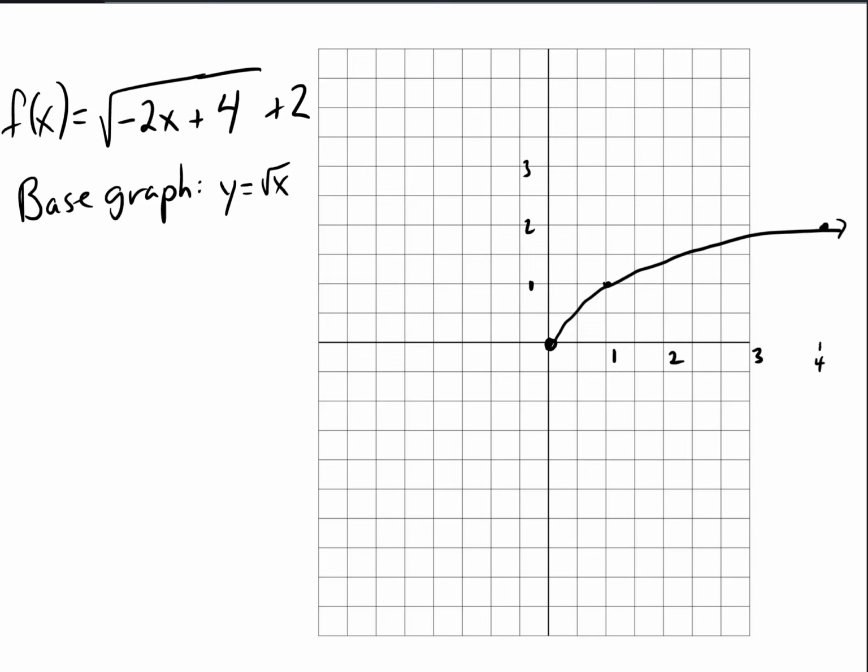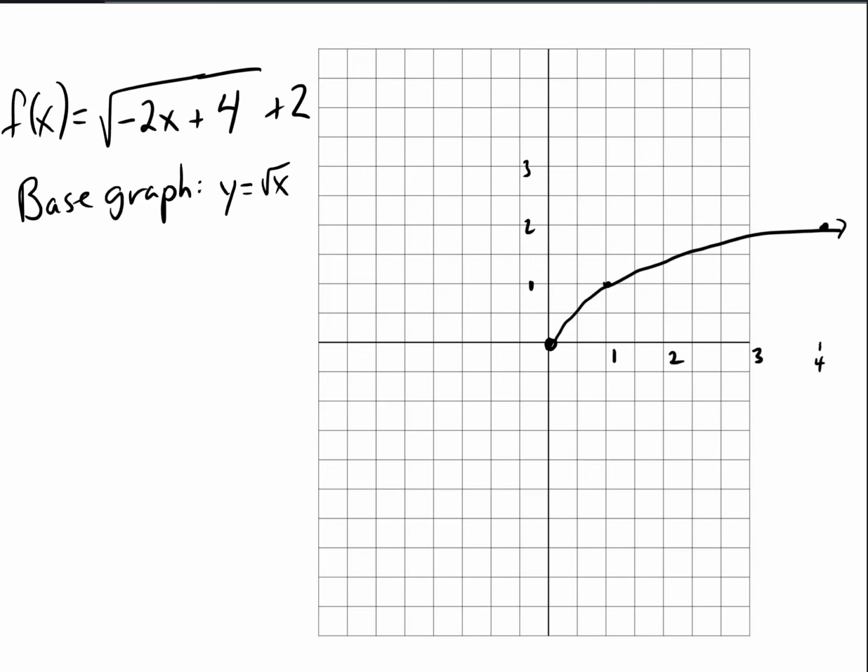There are 4 transformations that we actually see here that we have to handle. I see a negative, and that always tells us that we're going to do a reflection of some kind. I see a 2 multiplied by something, so that means that we're going to do a stretch or a compression. I see a plus 4, so that's some sort of a shift.